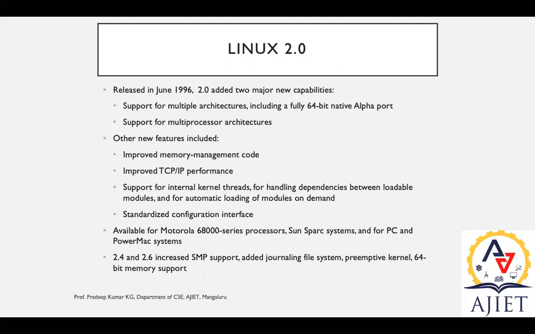Then in June 1996, Linux 2.0 added two major new capabilities. It gave support for multiple architectures, including a fully 64-bit native Alpha port, and multiprocessor architectures as well.